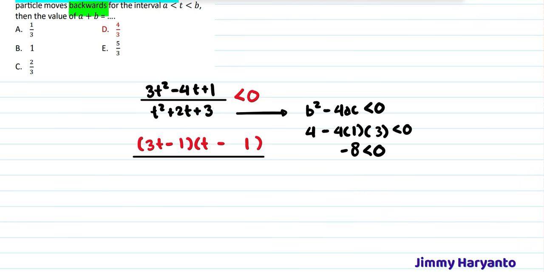Negative 8 is less than 0. If it is less than 0, that means no roots. Yeah, there is no value of t that satisfies it. So this one will stay the same: t squared plus 2t plus 3. That means we only have these values of t, which are 1 over 3 and t equals 1.